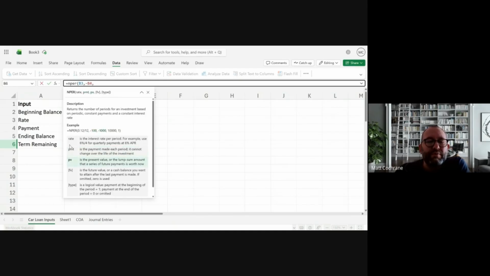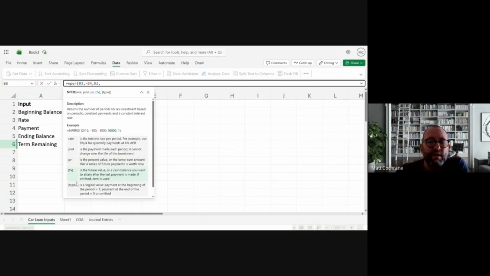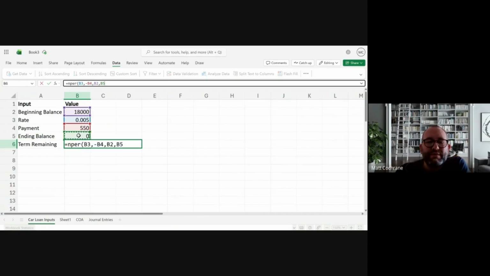We want the present value, which is going to be not A2, but B2. We want the future value, which is just going to be this ending balance of 0. And we're going to say that this payment is always made at the end of the period, and we're assuming that this is the end of the period right now.